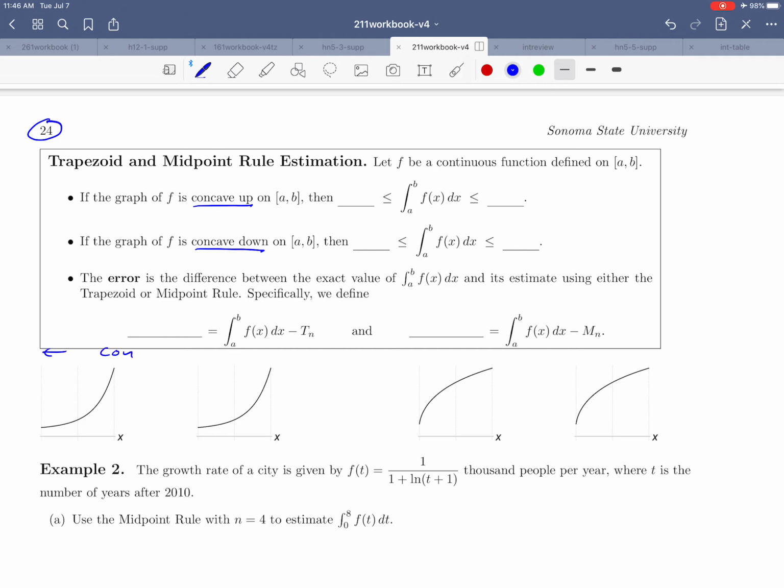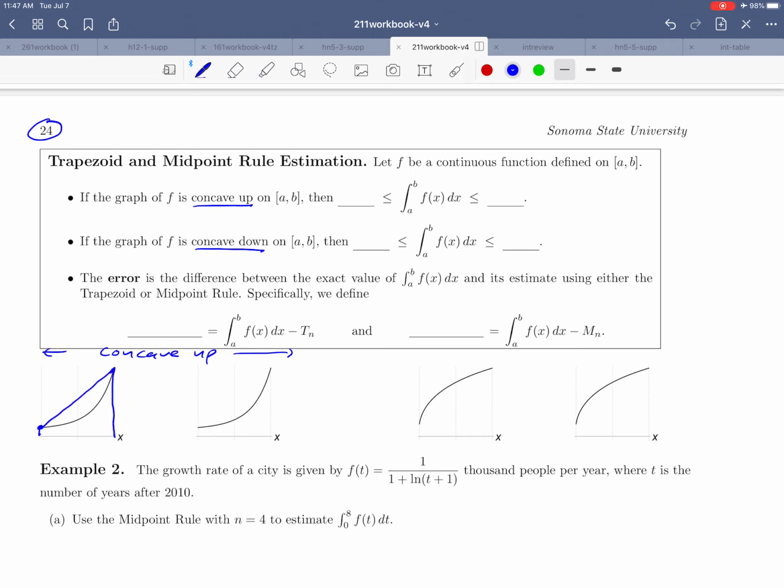Look at the first two pictures down at the bottom here, and notice that we've got two copies of a function that has the typical concave up shape. What I'd like to do is draw in one trapezoid and one midpoint rectangle and see what happens. Suppose we want to estimate the area under the curve using just one trapezoid. If we drew the trapezoid, it would look like this.